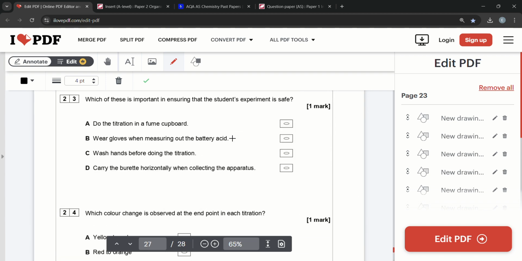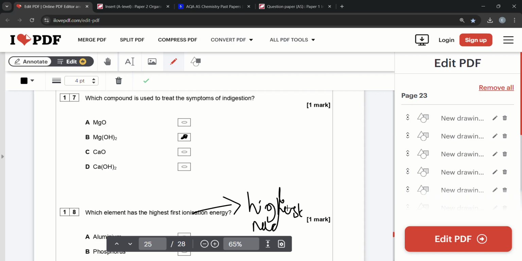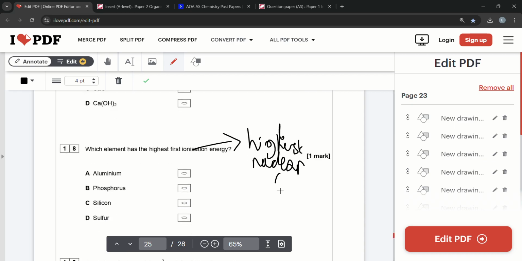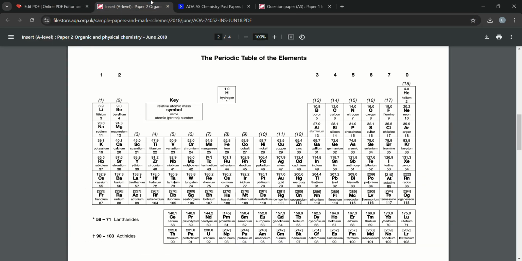How many questions are here? 1, 2, 3 pages. Highest nuclear charge in the smallest period. So if we look at all of them: aluminium, phosphorus, silicon, sulfur. They're all here. Now, which one has the highest first ionization energy?